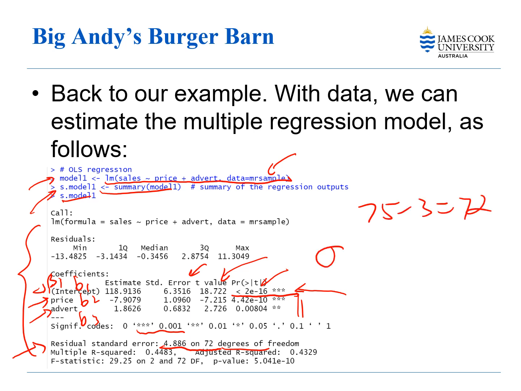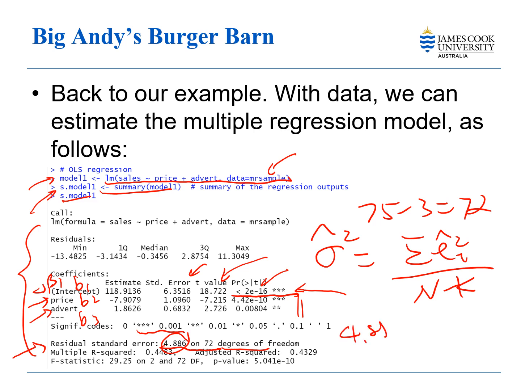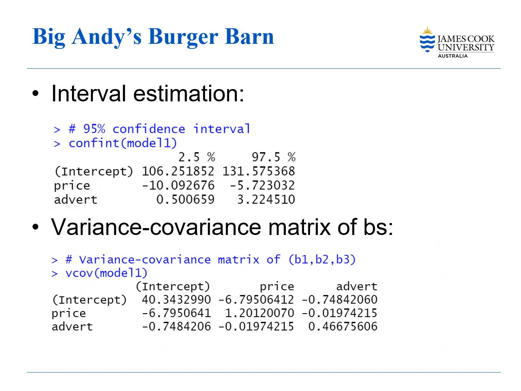When we estimate sigma squared, it is the sum of the squared residuals divided by n minus k. The square root of this gives the standard error, 4.886.